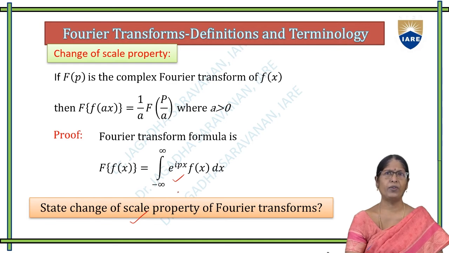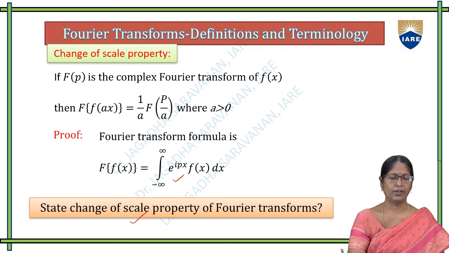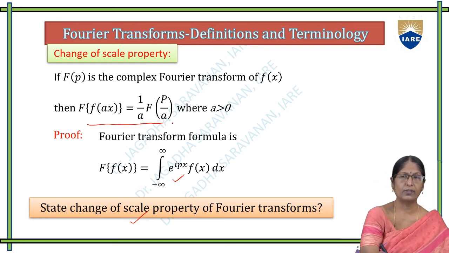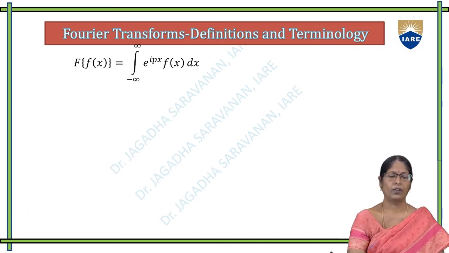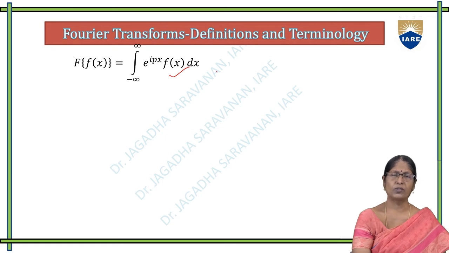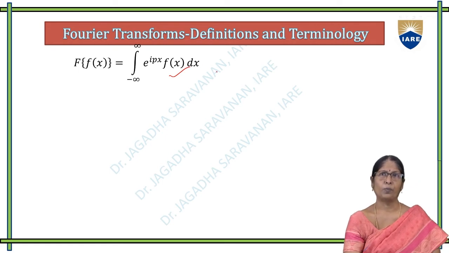State the change of scale property of the Fourier transform. Then this is the result to be produced. Now, to define the property, we can see very clearly which terms we connect to our Fourier transform.